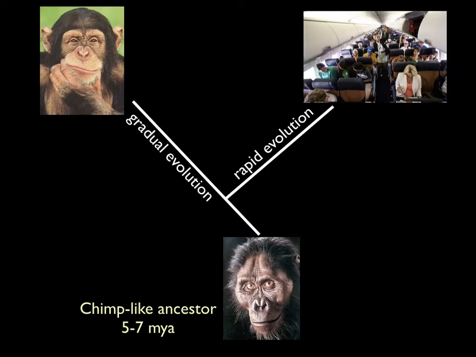So this is one example of gradual evolution versus rapid evolution. If we go back in time 5 to 7 million years ago, we find a common ancestor for chimpanzees and humans. And the chimp-like ancestor, as I've labeled it, is, from all of the evidence that we have, relatively similar, or at least more similar to modern chimpanzee populations than the ancestor is to modern human populations.